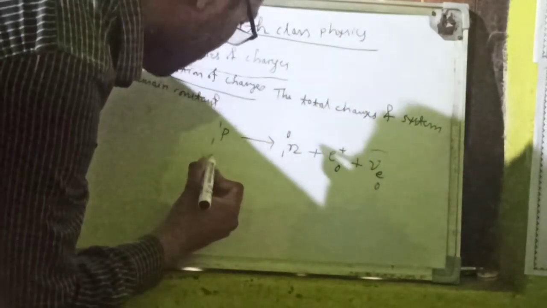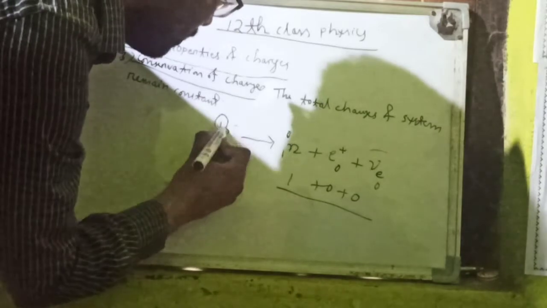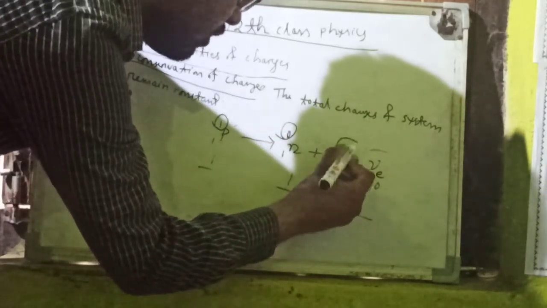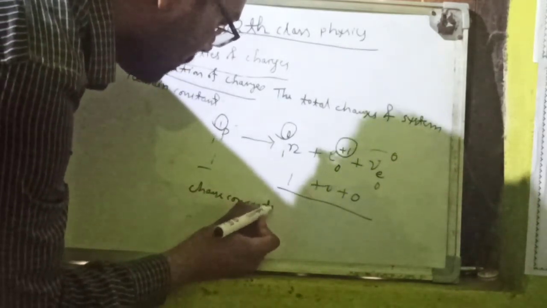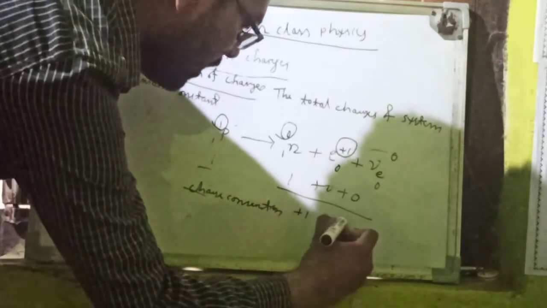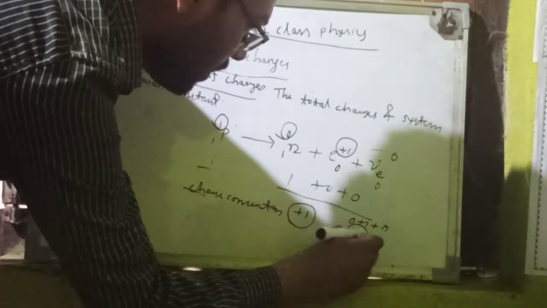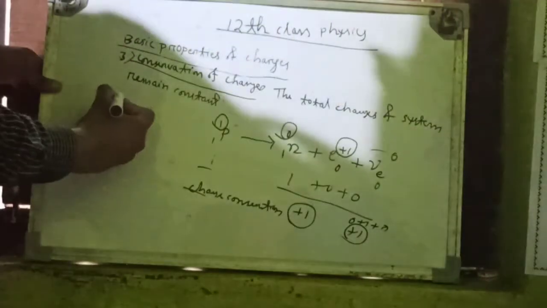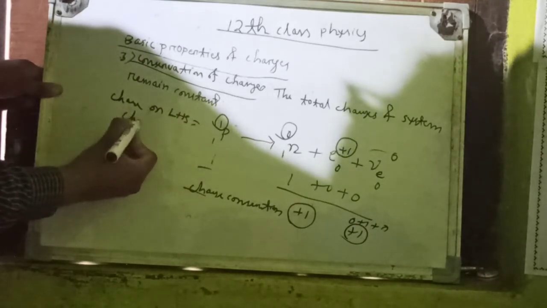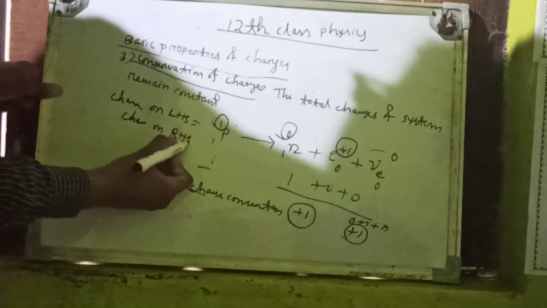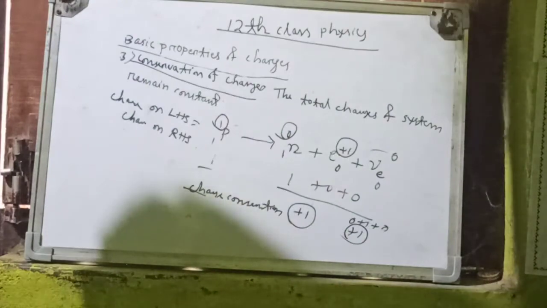The atomic number is conserved: 1 on the left, and 1 plus 0 plus 0 on the right. Now for charge conservation, we apply the rule: plus 1 on the left hand side and 0 plus 1 plus 0 on the right hand side, that is plus 1. So the charge on LHS is equal to the charge on RHS. So charge obeys the law of conservation.